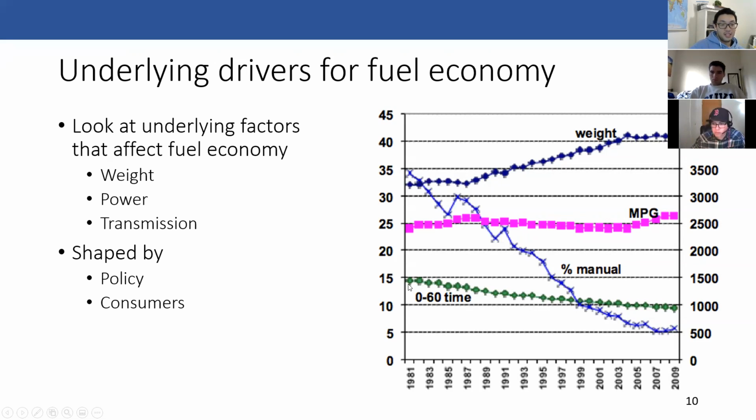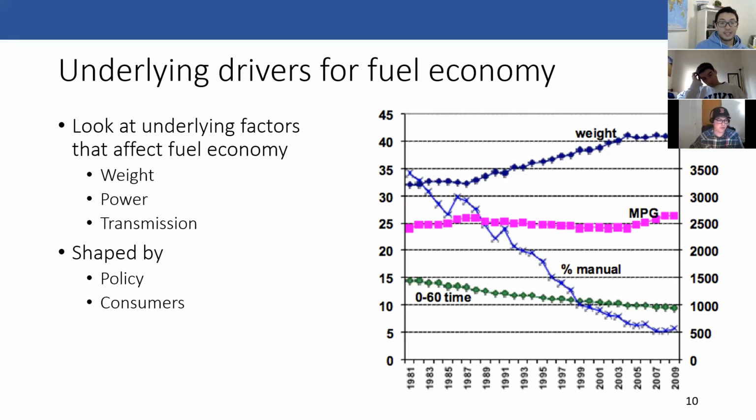And then this 0 to 60 time is related to the power of the engine, or acceleration, right? So how long does it take you to get to 60 miles per hour? As this number decreases, it means the car accelerates faster.